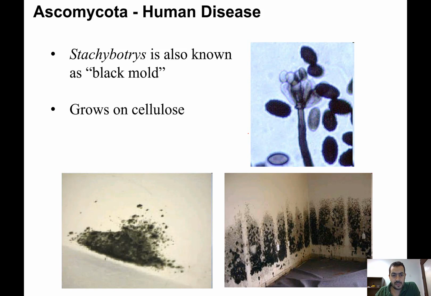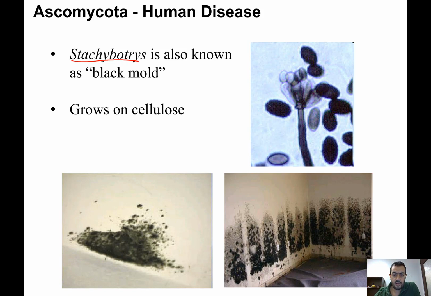This gypsum is covered by papers, and usually there is a layer of paint on top of that. However, all of that does not stop the spores of Stachybotrys, especially if humidity is there, because that's one of the things that fungi love to grow.